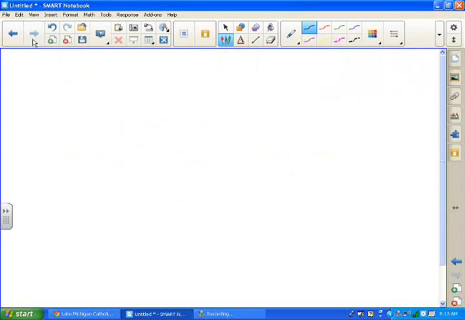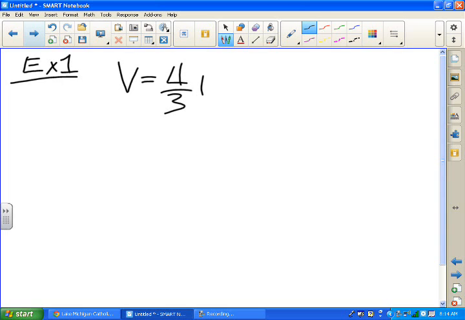So example number 1 out of the textbook asks us the question, and I won't write it all down, I'll just state it out loud. It says, assume that the radius of a sphere is a differentiable function of time. Let V be the volume of the sphere. Find the equation that relates dV/dt to dr/dt.